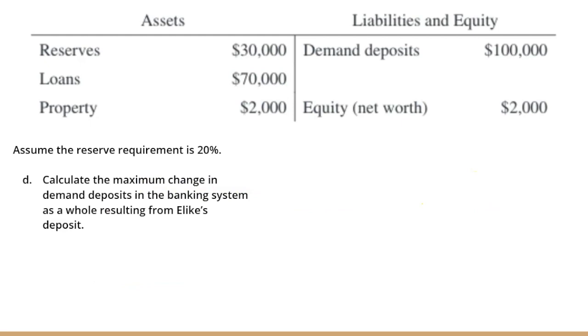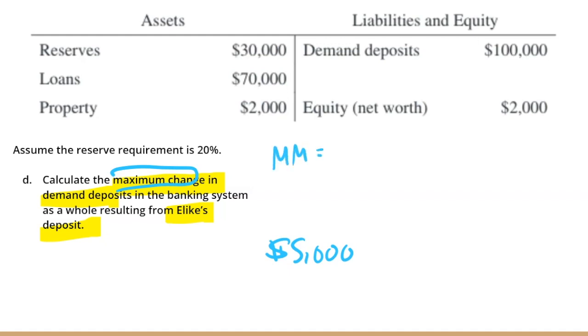All right, let's go to Part D. Calculate the maximum change in demand deposits as a result of LEK's deposit. Well, we know LEK deposited $5,000. We want to figure out what the maximum change in demand deposits is then. Well, here is where we use our money multiplier. Remember, our money multiplier equals 1 over the reserve ratio.